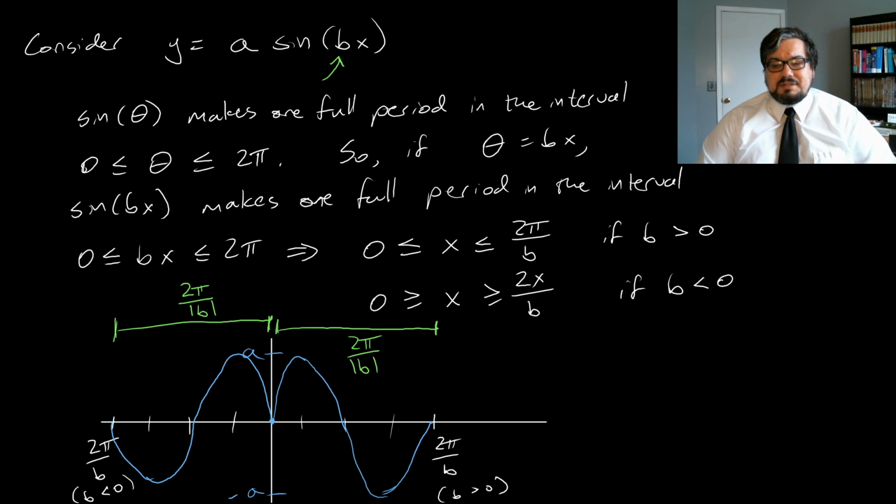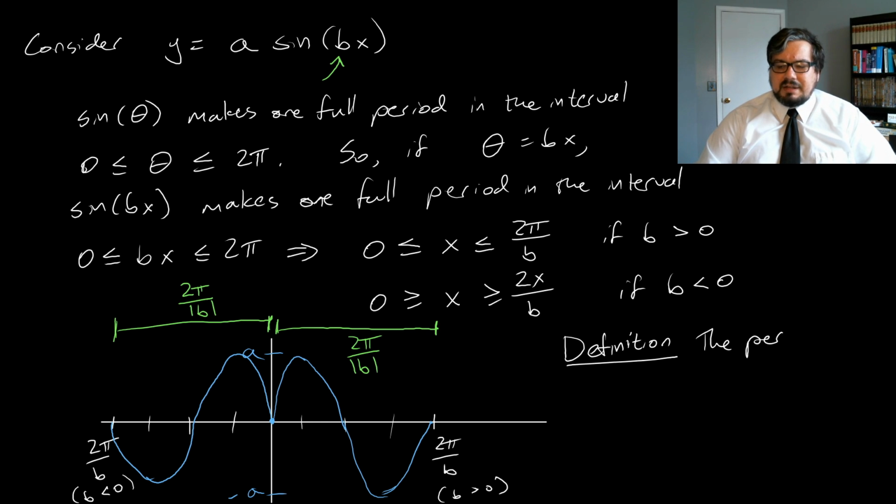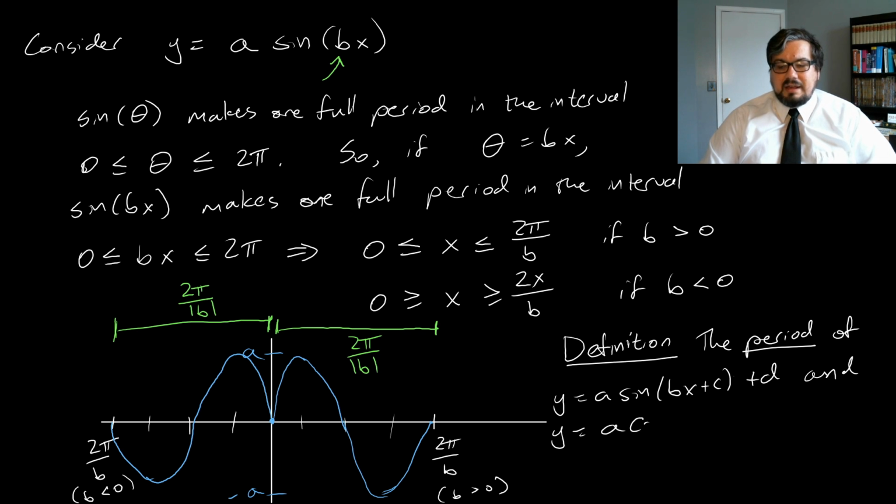So this gives us our next fact, or I'll write it as a definition. The period of y equals a sine bx plus c plus d and y equals a cosine bx plus c plus d is 2 pi over the absolute value of b.